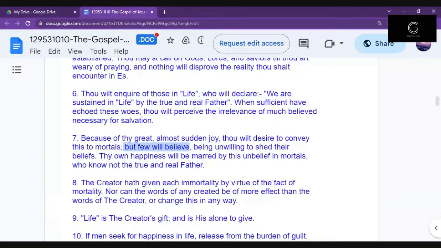We have this stuff and we try to tell them, we try to give them the Jehovah Chronicles. But few will believe. Being unwilling to shed their beliefs, thy own happiness will be marred by this unbelief in mortals who know not the true and real Father.